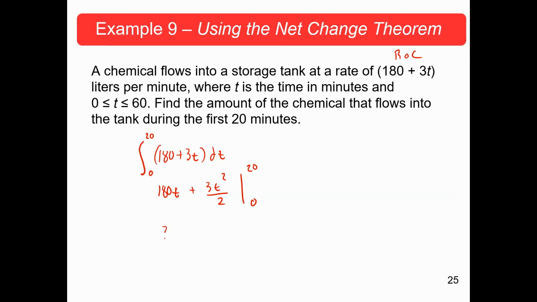You get 3,600 plus 20 squared times 3 divided by 2, plus 600. All right, that's evaluated at 20 minus 0 plus 0. So we get 3,600 plus 600. We get 4,200 liters. So that's the net change.